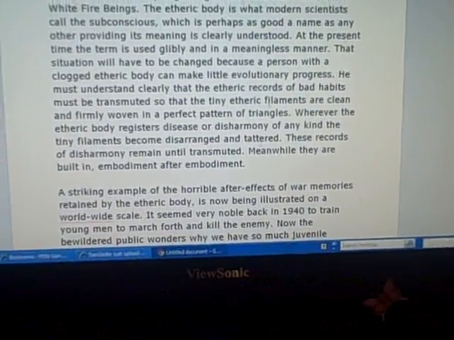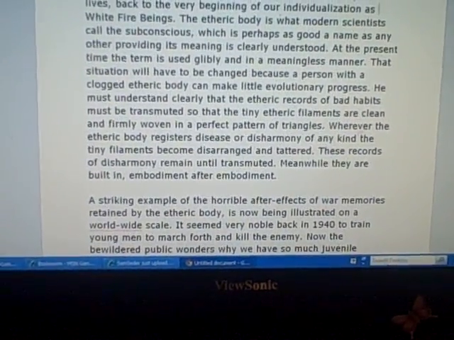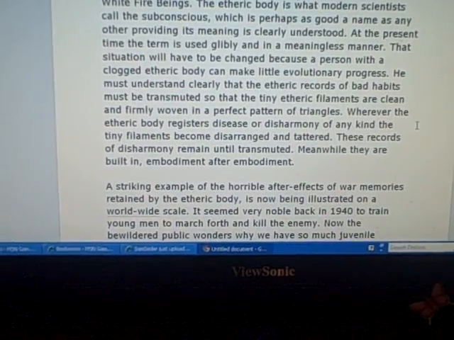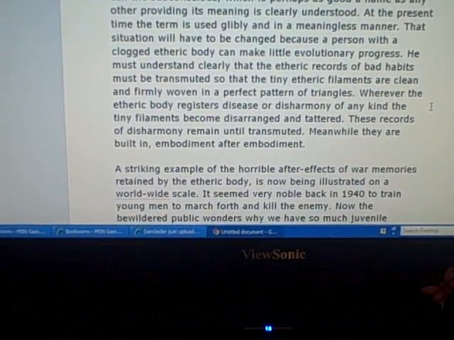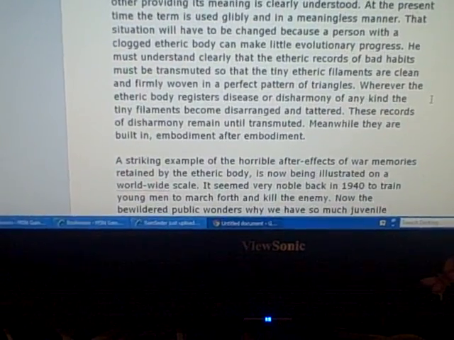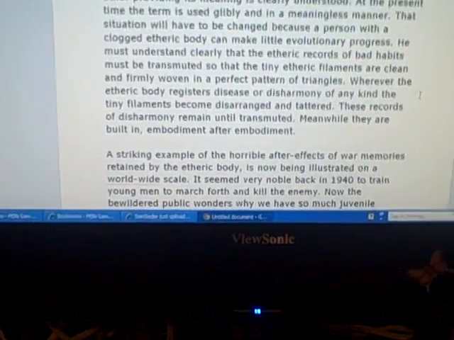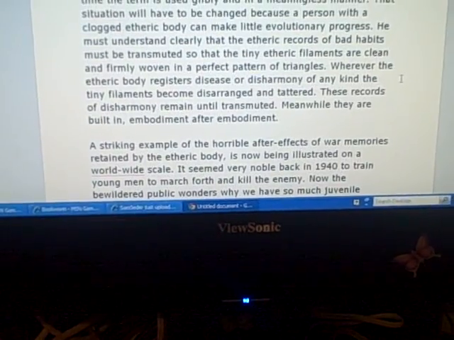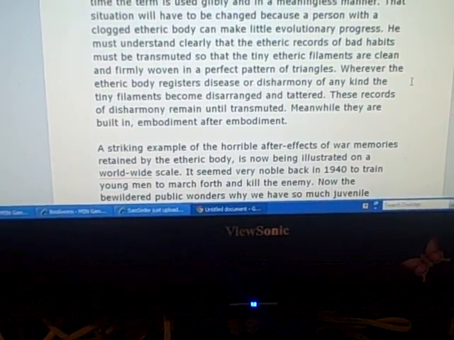So she's talking about these little etheric filaments. And I'm seeing the body as this sacred geometry, this vector equilibrium that is full of these little tiny and tinier lined up patterns of triangles.